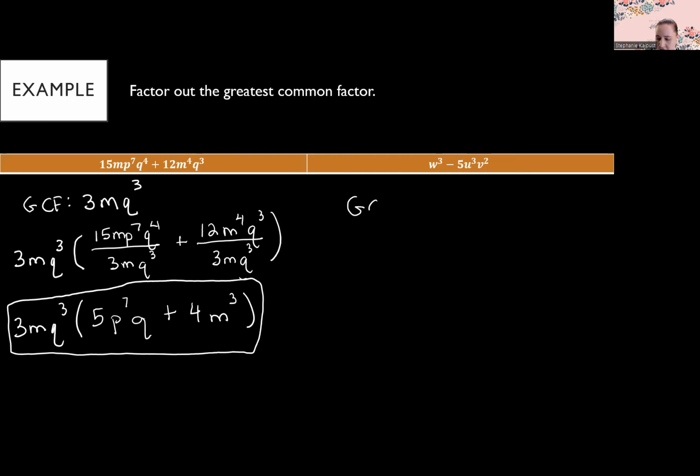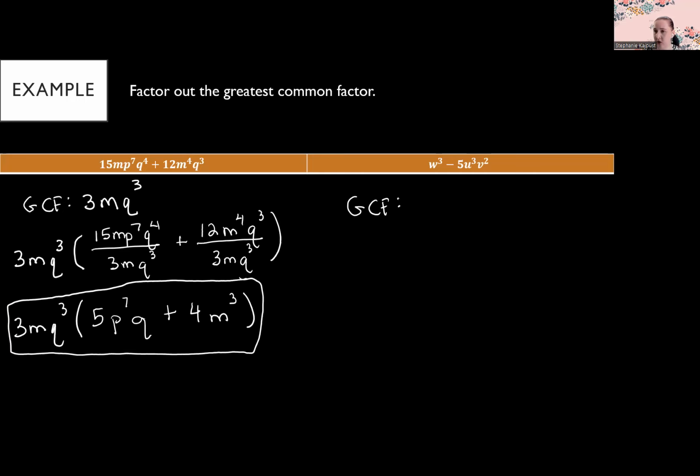Now, last one here, greatest common factor. So I've got w cubed minus 5u cubed v. I have no number I can factor out because I have a 1 in front of the w cubed, so there's no number in common. I've got a w, but it's not in the second term.